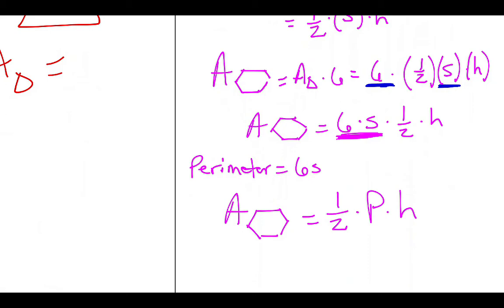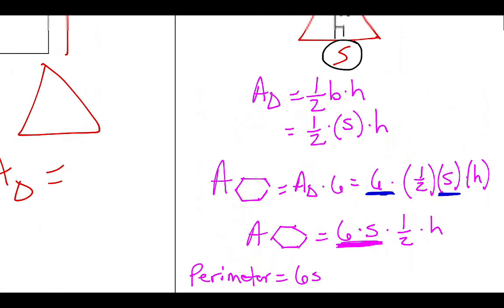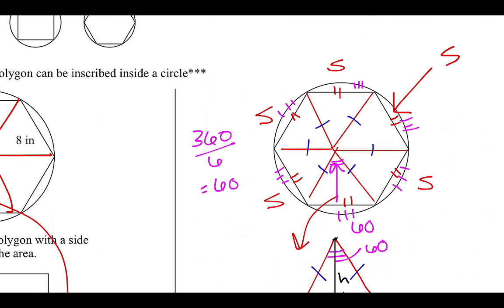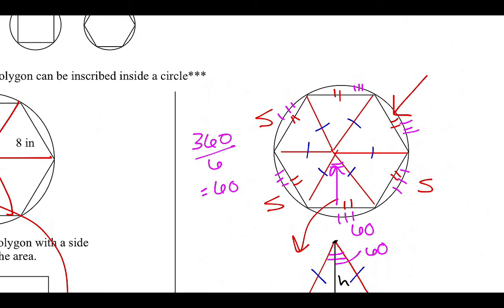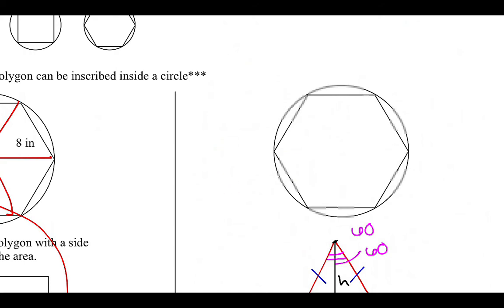So what we're going to do is define a very specific word. We're going to go back all the way to the hexagon. I'm going to erase all this stuff. We don't need it anymore. We figured out the area is going to equal 1/2 the perimeter of this hexagon multiplied by the height of the triangle.